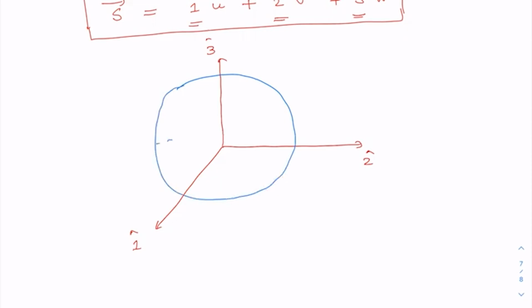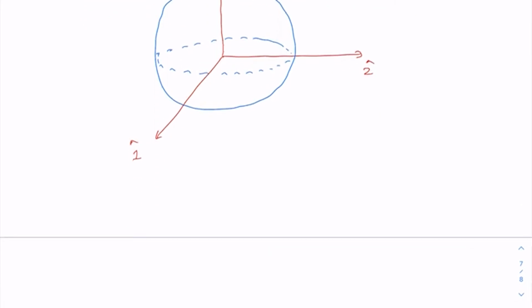Okay, so this should remind you about what we discussed in the generic treatment of two-level system. And this vector s, let me show one thing. Let me take a time derivative of this vector, ds dt. Then if I take it using this Bloch equation, I have 1 cap del u del t plus 2 cap del v del t plus 3 cap del w del t.